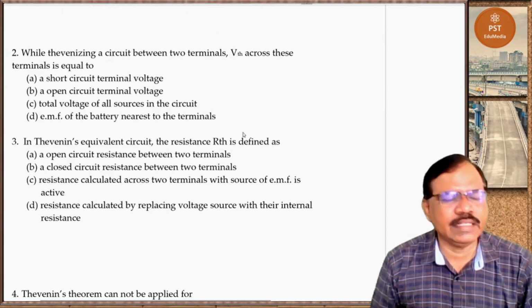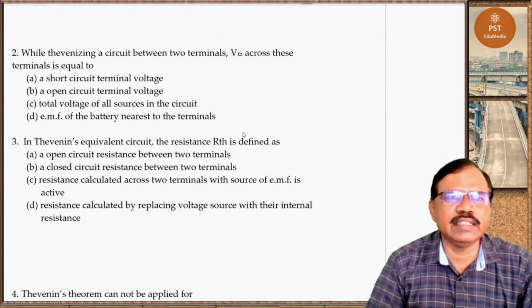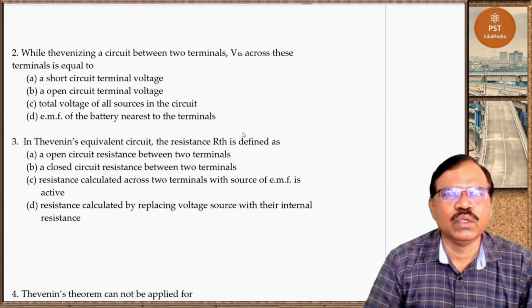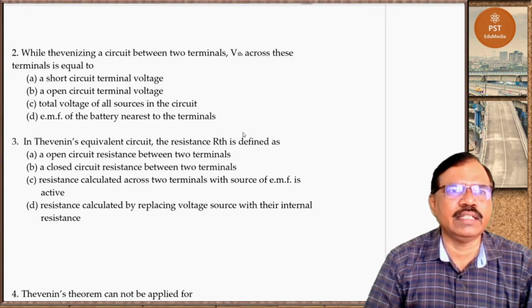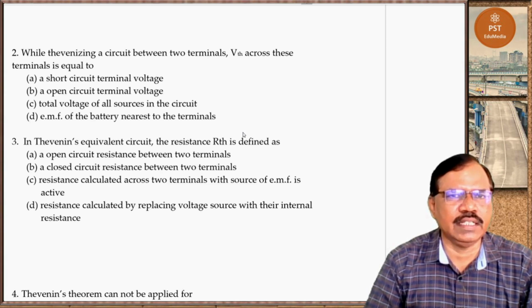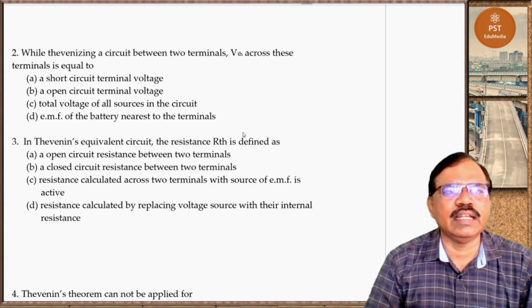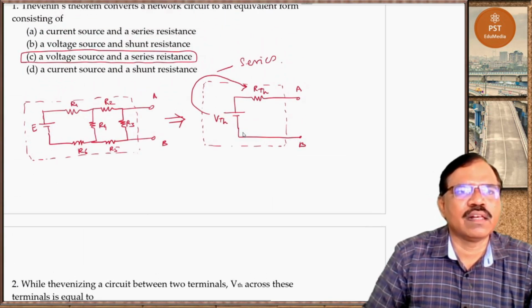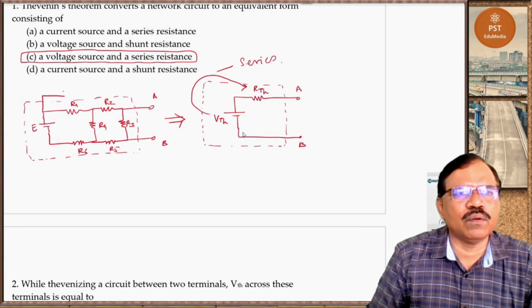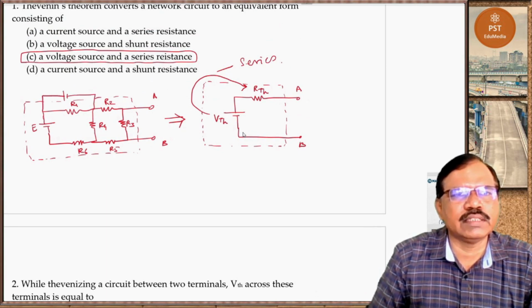While next one, while Thevenizing a circuit between two terminals, VTH across these terminals is equal to a short circuit terminal voltage, a open circuit terminal voltage, total voltage of all sources in the circuit, EMF of the battery nearest to the terminals. Means here just we have seen. So here we have network. You can have more sources in this also.